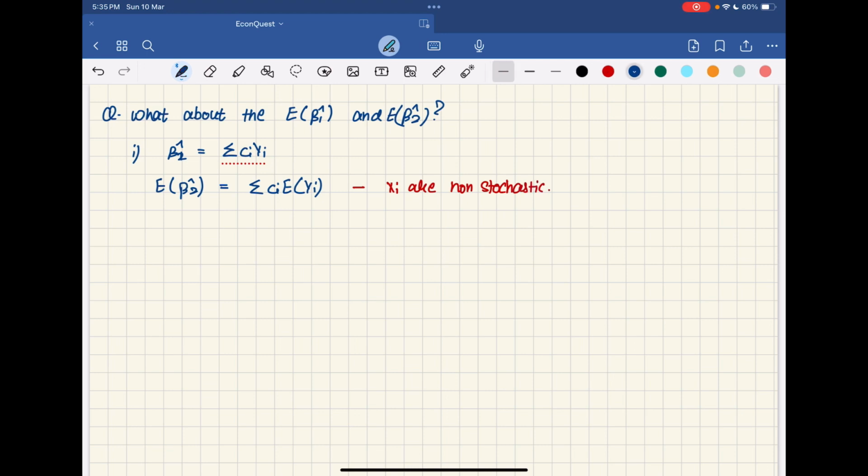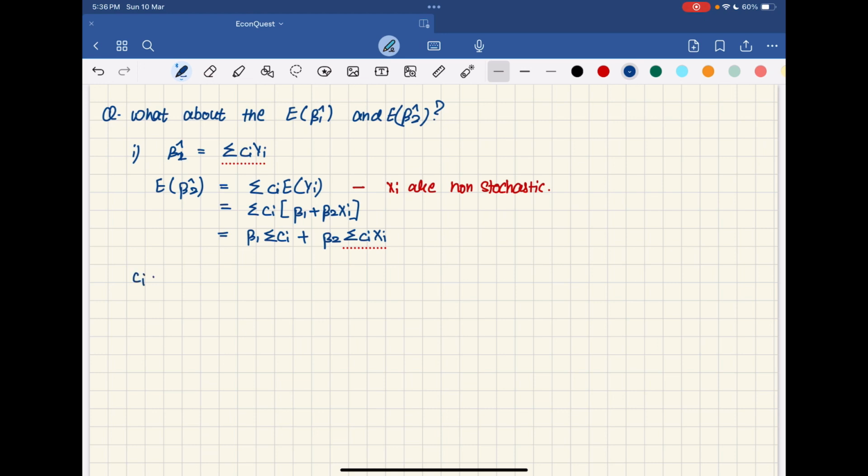Okay, so what is the value of expectation of yi? It is equals to beta 1 plus beta 2 xi, right? Now if we solve this thing, we will get beta 1 summation of ci plus beta 2 summation of ci xi, right?